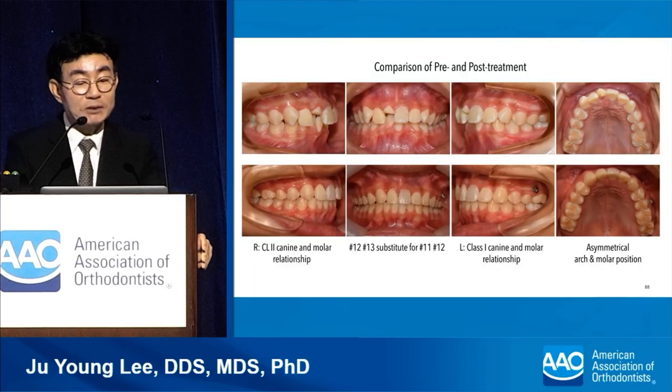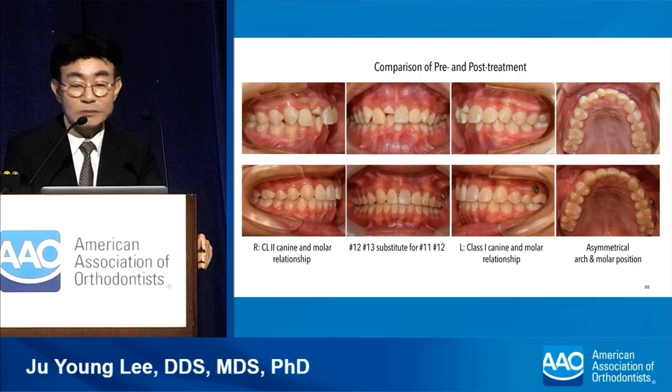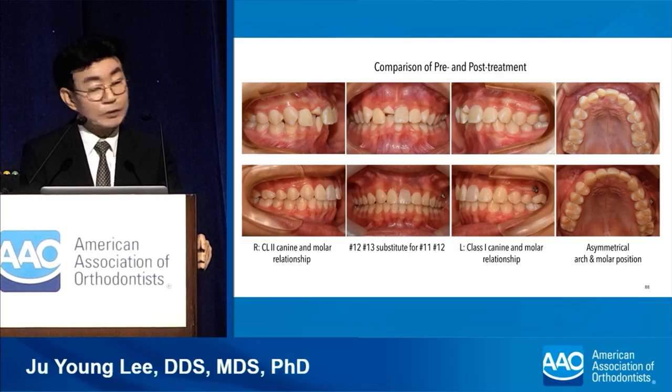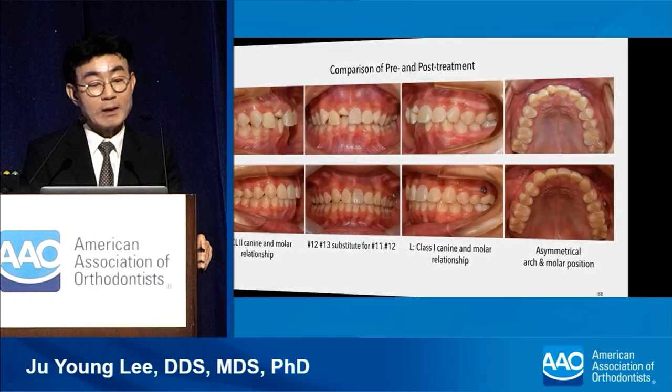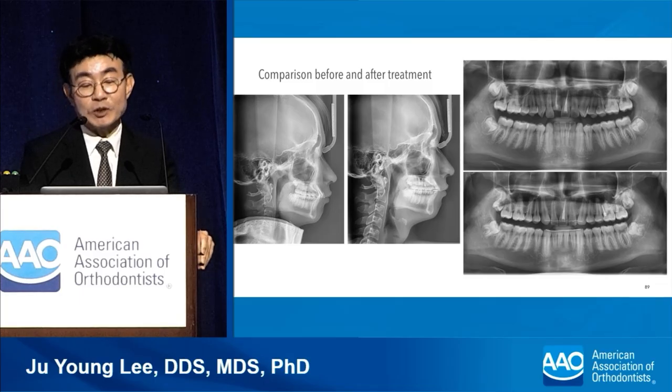Here is the comparison of before and after treatment. The major movement of the maxillary teeth on the right side resulted in an intentional asymmetry of the posterior teeth position. The posterior teeth were sufficiently moved forward to close the extraction space of the maxillary central incisor without causing a significant change in the anterior-posterior position of the maxillary anterior teeth.